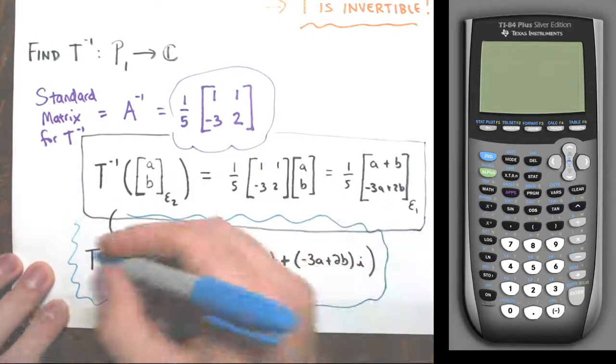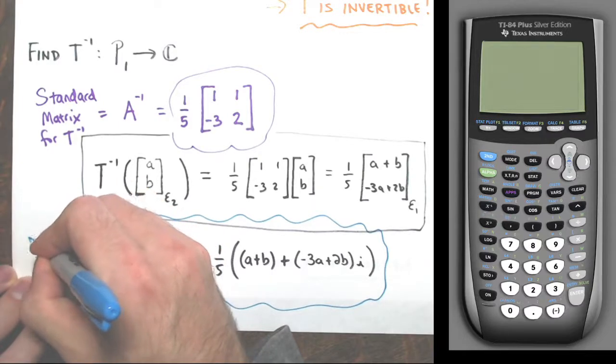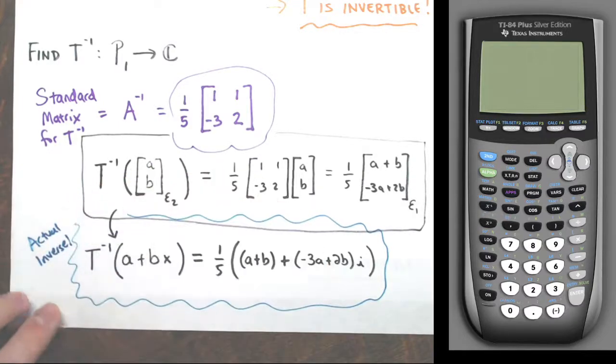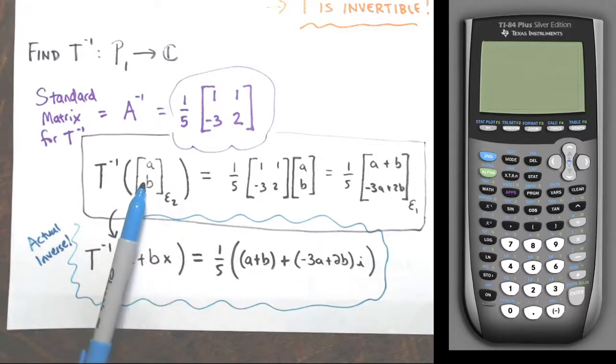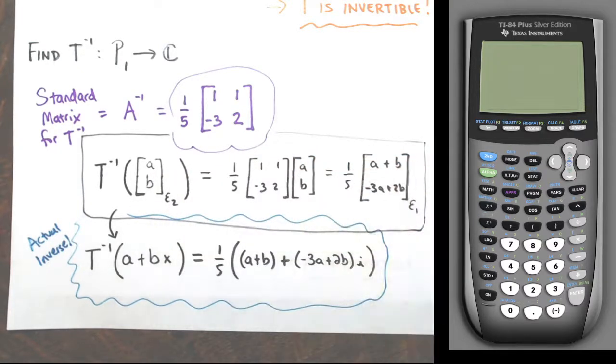So this is the actual inverse here, because it takes polynomials to complex numbers, not just coordinate vectors to coordinate vectors. But this transformation with the coordinate vectors represents the same rule. All I did was translate back. All right, so let's test this out. So I'm going to go back up to T.